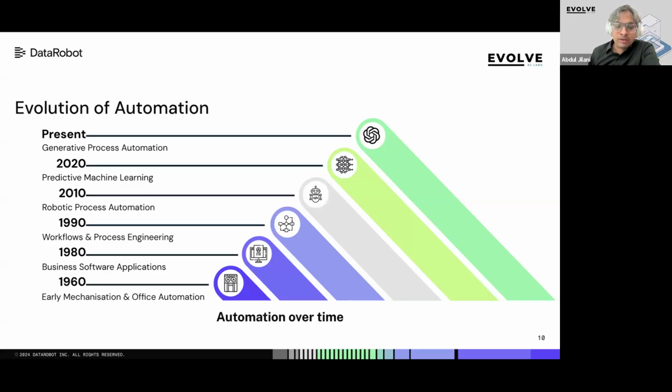Frameworks like ITIL and business process modeling came into being, which set standards for business processes, which allowed the process to be split into gates and flows, thereby allowing more automation.